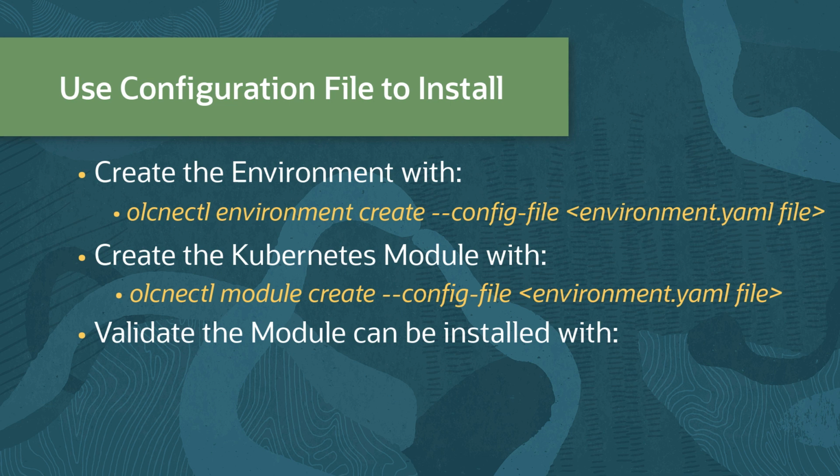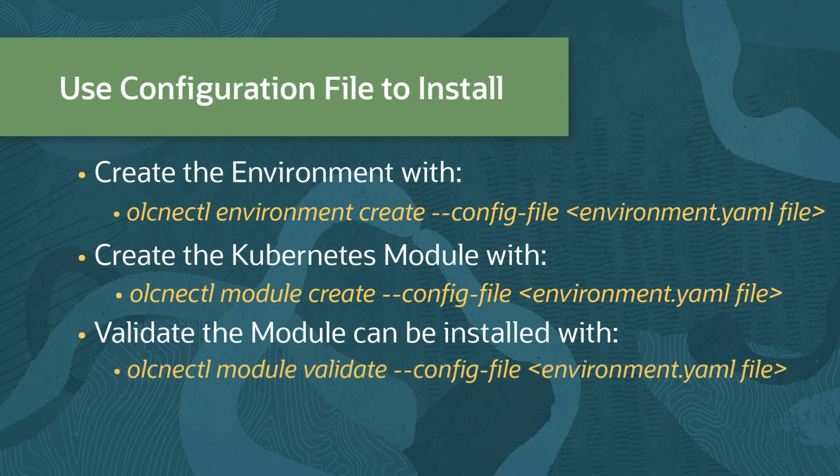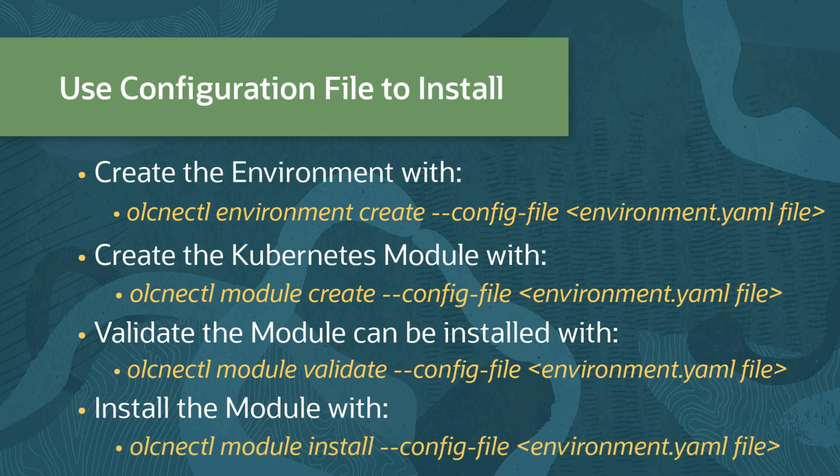When that completes, validate that the module or modules are able to be installed on your nodes by using this command: OLCNE CTL module validate --config-file path to your configuration file. The last step remaining is to install the module or modules using the OLCNE CTL module install --config-file path to your configuration file command.